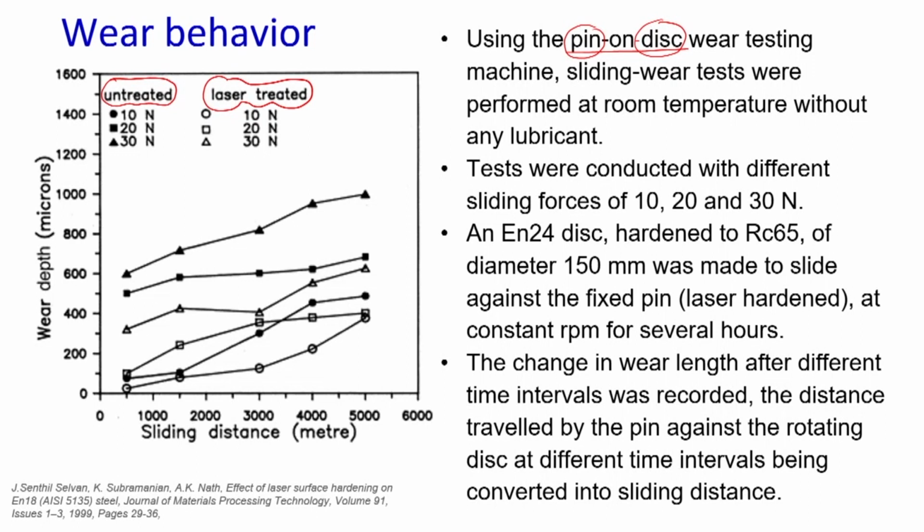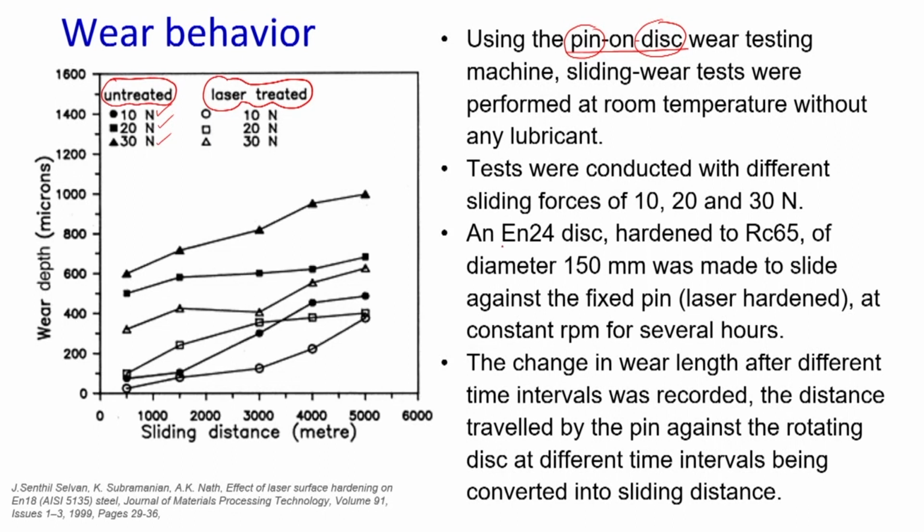It is not only in contact, we can even apply a fixed force on the pin, so that load can also be varied. Here we have taken 3 levels of load: 10 Newton, 20 Newton, 30 Newton, and these 3 levels of load are the same for both cases, untreated pin and laser treated pin.